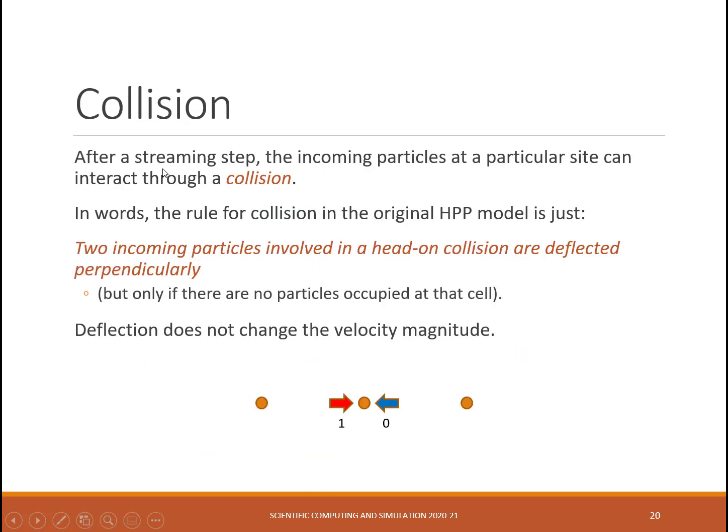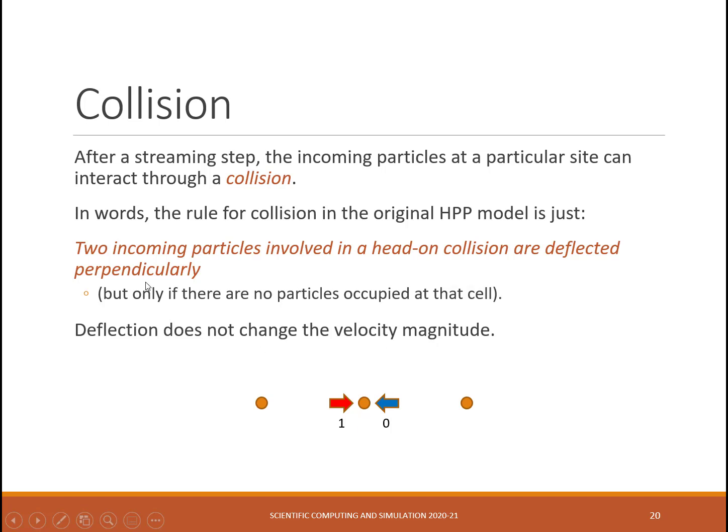After a streaming step, the incoming particles at a particular site can interact through a collision, as shown here. In this situation, more than one particle resides in a single cell. However, in cellular automata, it is supposed that each cell hosts one particle at most.